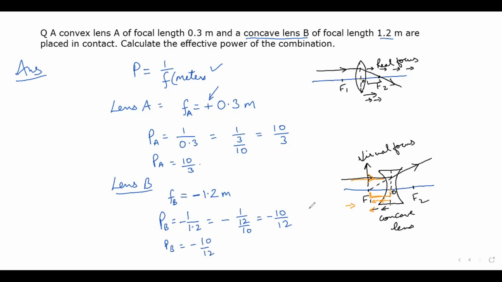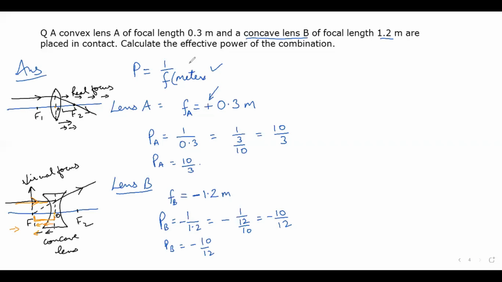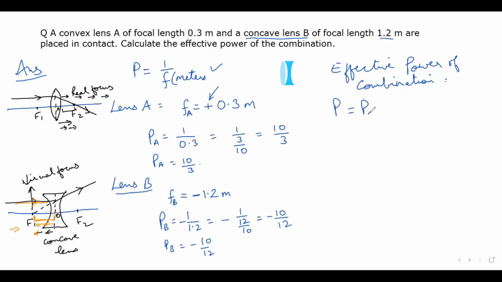Now the combination. So now the effective power of the combination is going to be P equal to PA plus PB.